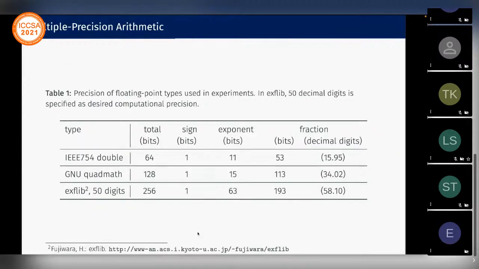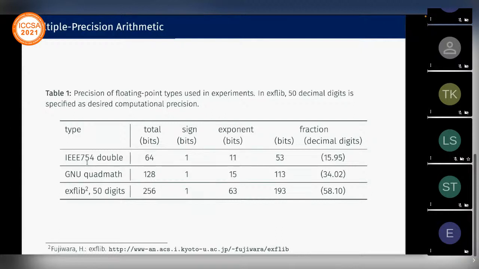In the computation, usually we use double precision. However, in this kind of computation, sometimes double precision is not enough. So we want to know whether the double precision computation is reliable or not.